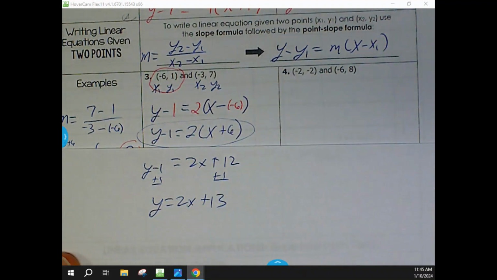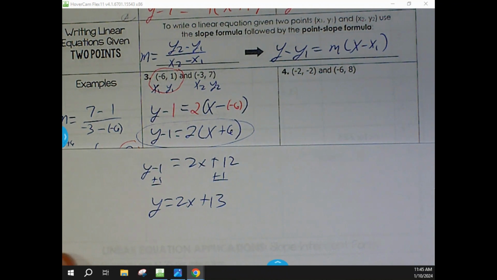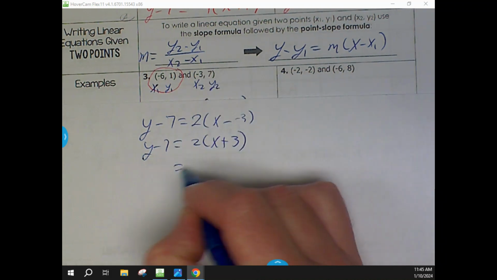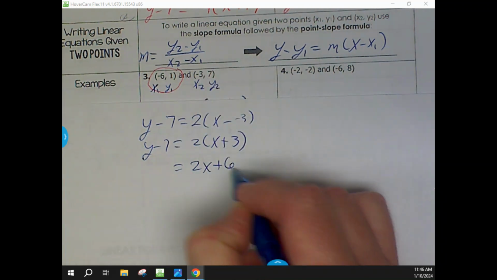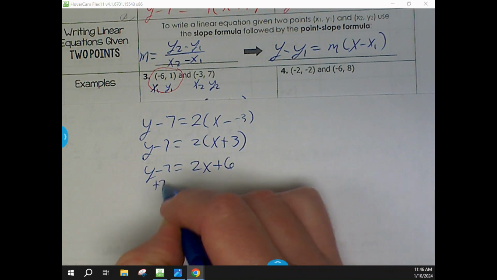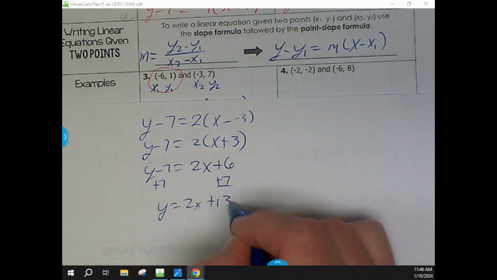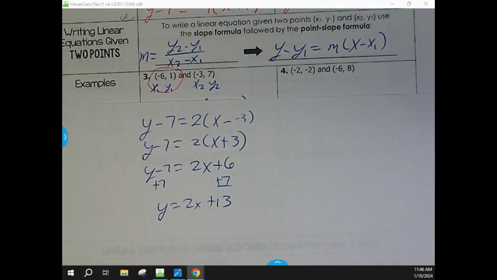You get 2x plus 13. Then if we took, like we did up here, this point, multiplied by 2, and added 7, you still get 2x plus 13.